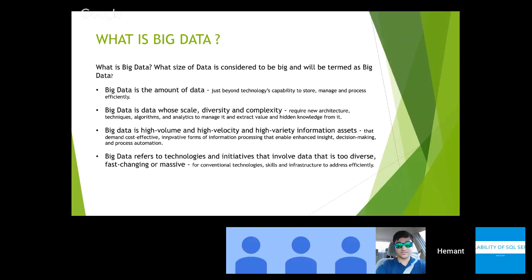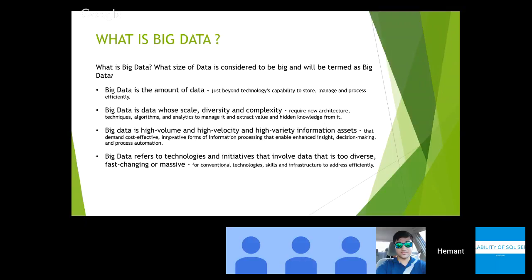Big data also refers to the technologies and initiatives that involve data that is too diverse, fast changing, or massive for conventional technology, skills, and infrastructure. So basically, overall, the data size and the velocity are driving how we can compute on it and how we can make a decision out of it.